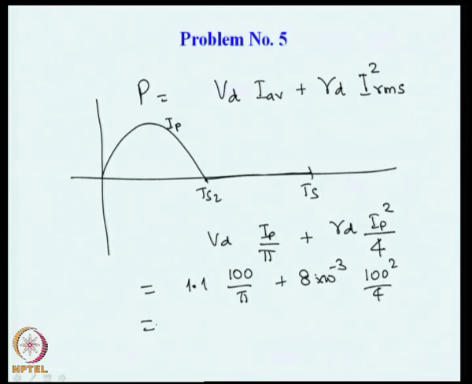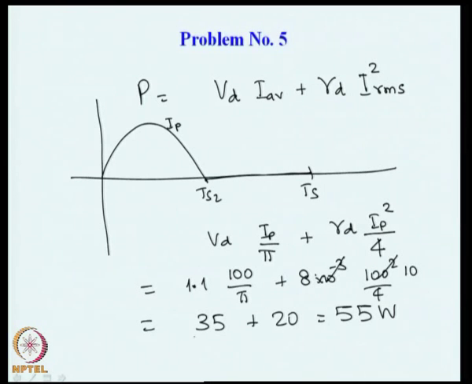If I calculate this, the first part will be 110 divided by pi, which is 35 watts, plus 100 square into 10 power minus 3 will be 10, 80 by 4 is 20 watts, that will turn out to be 55 watts.